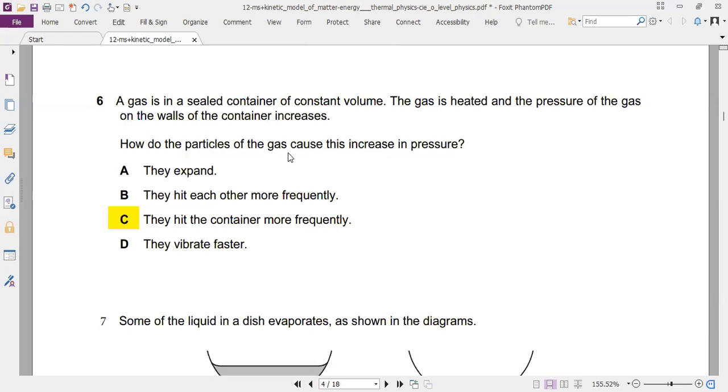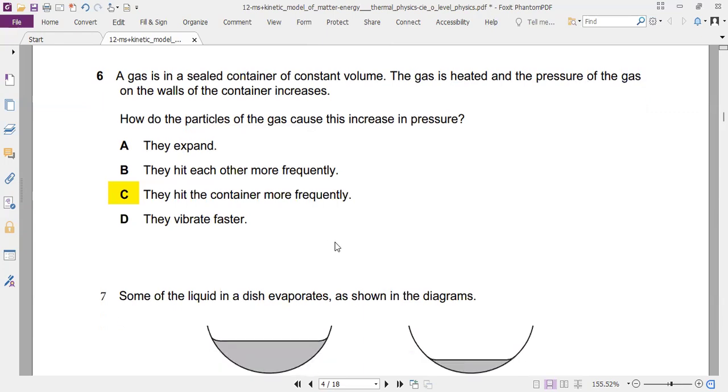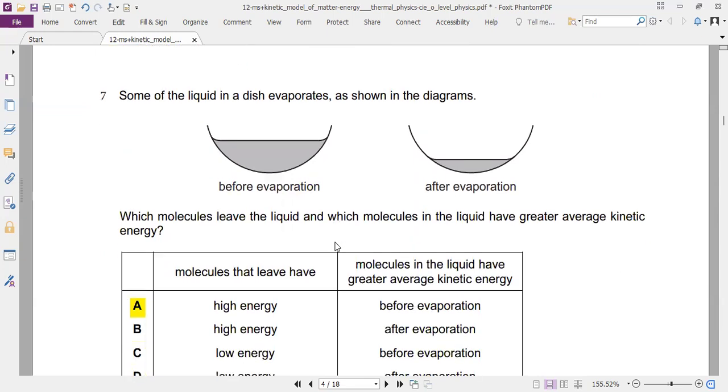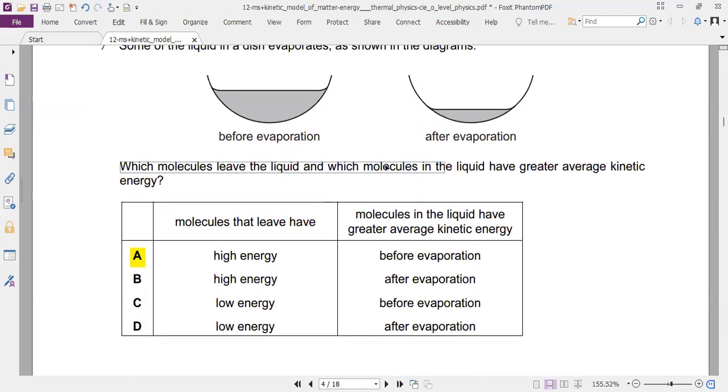So the particles of the gas increase its pressure by increasing their collisions. They collide with the container more frequently, and that increases the collisions.